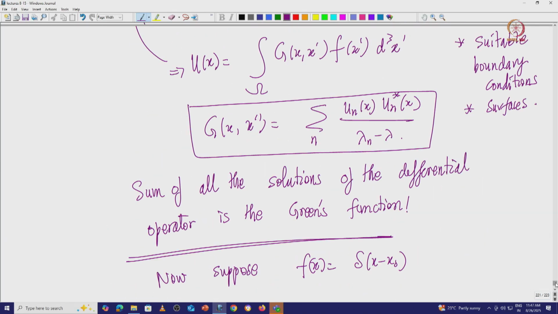the g of x, okay, the g of x. Now you can find this example, I think it is done in Matthews and Walker and Arfken and many textbooks essentially.